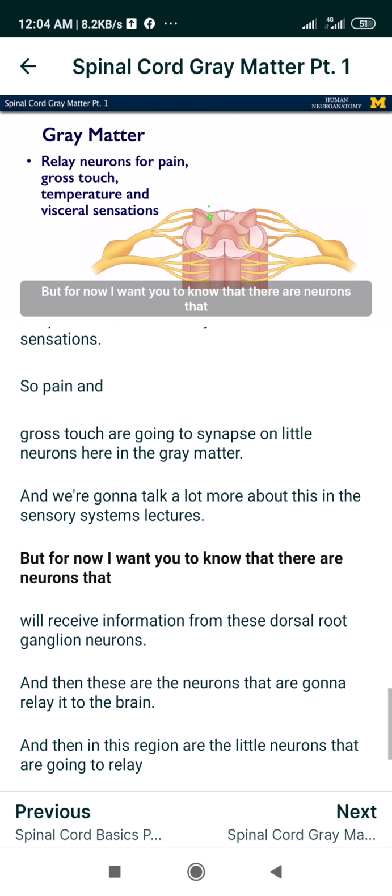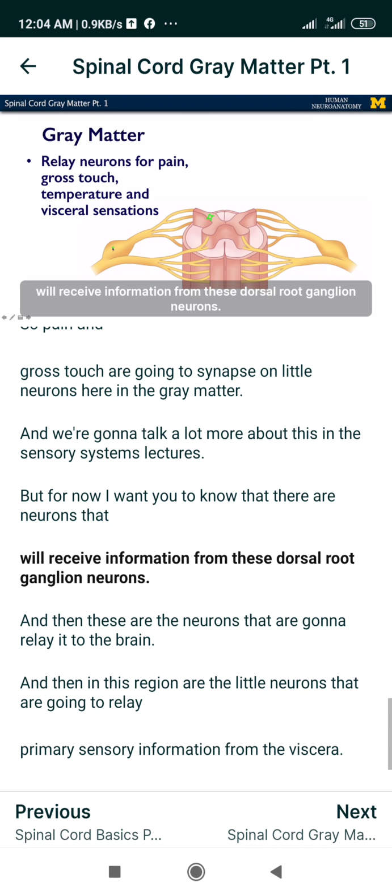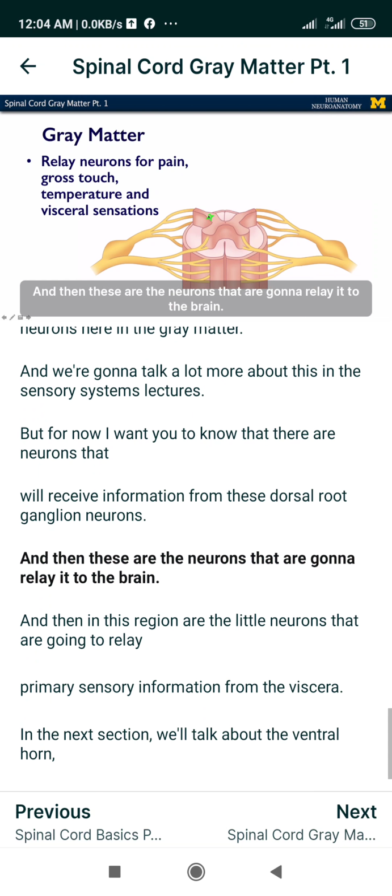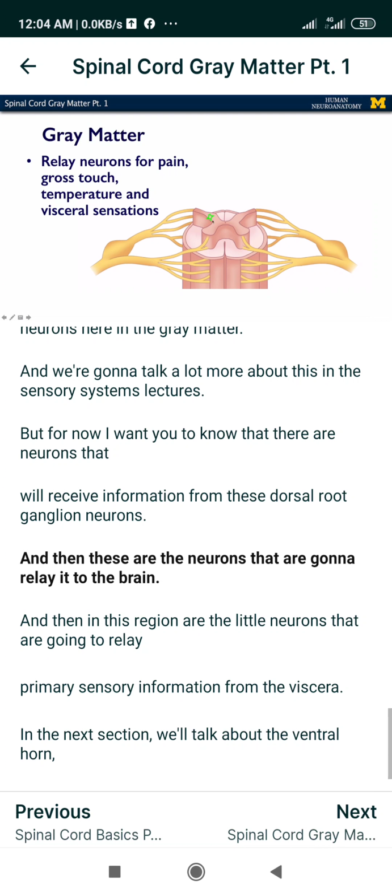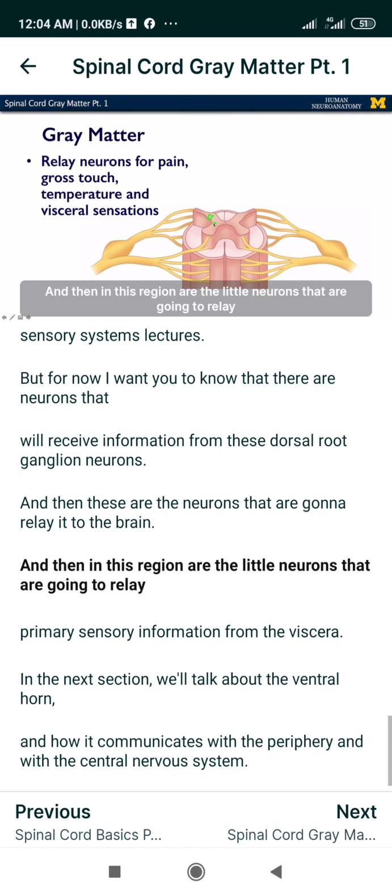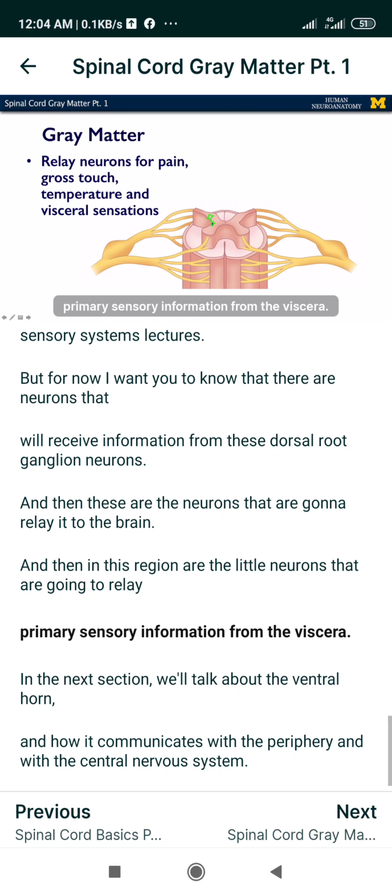But for now, I want you to know that there are neurons that will receive information from these dorsal root ganglion neurons, and then these are the neurons that are going to relay it to the brain. And then in this region are the little neurons that are going to relay primary sensory information from the viscera.